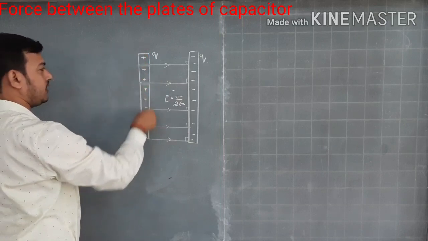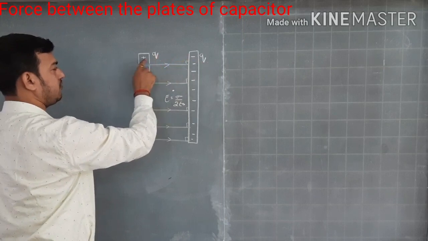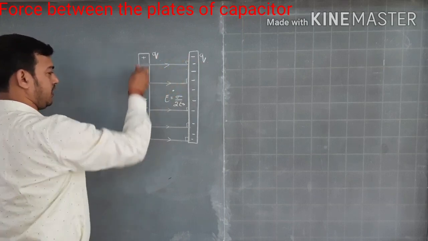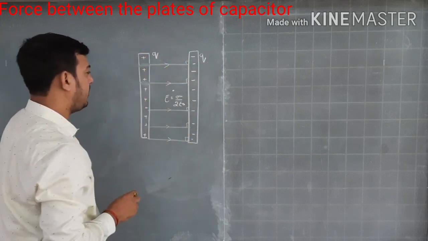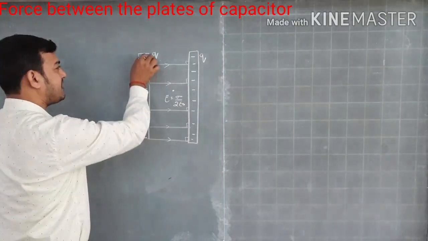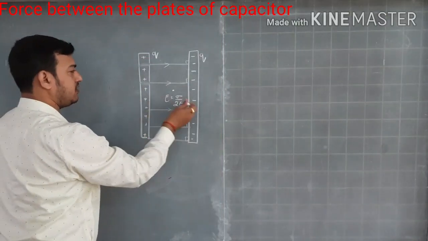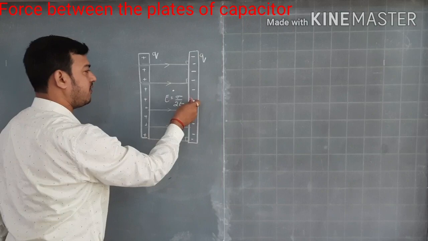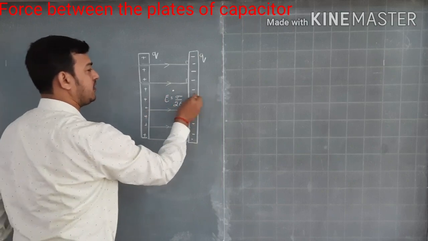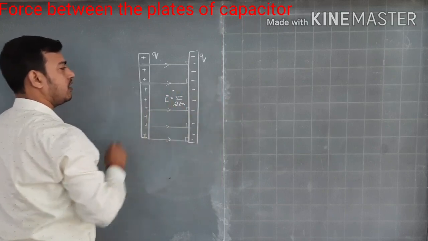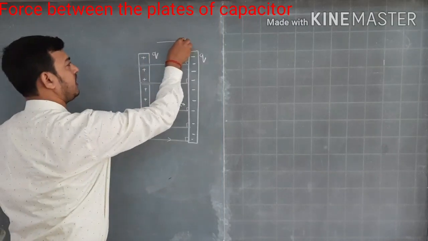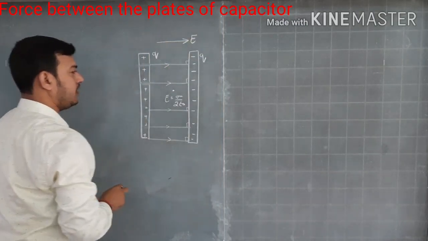The charge is the same but the polarity is opposite, and this will form a parallel plate capacitor. So my second plate is placed in the electric field of the first plate, and the field is directed towards the right. Let us take this as the direction of the electric field.